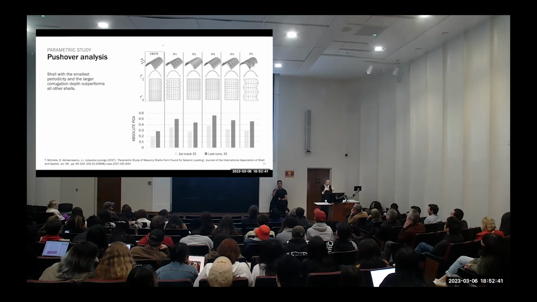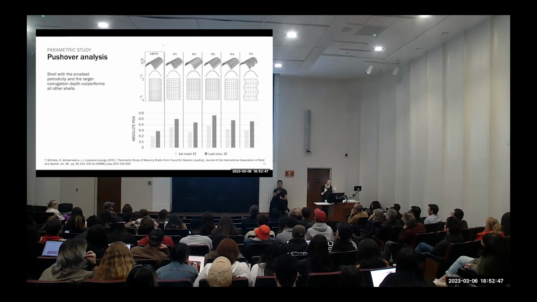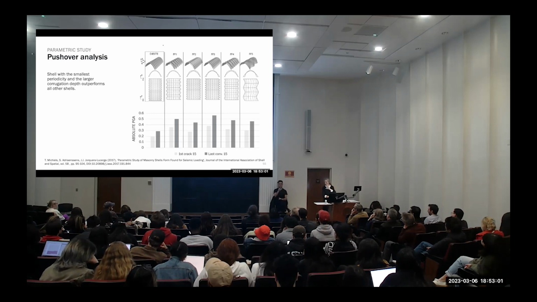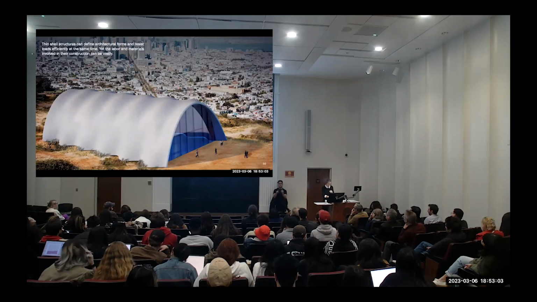And that one, same amount of volume, just different geometry, is going to fail around 0.58 G. So much better than the first one. This was very exciting for me to see that by just changing the corrugations, you can increase the capacity of the shell. You don't have to add more material, it's just changing the geometry.